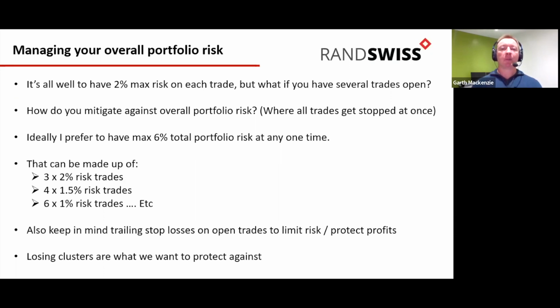Okay. Now, it should be a relatively low probability thing that all your trades get stopped out at once, unless you have a great deal of correlation between the trades that you're in. If, for example, you're long Goldfields and long Harmony and long Anglo Gold and long the gold price, well, then you've got a lot of correlation between all of those trades, and you run a far greater risk that they all get stopped out at once.